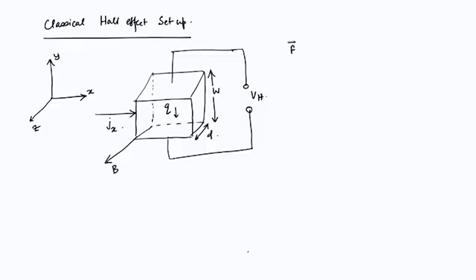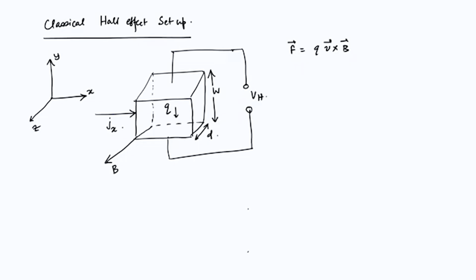The force is given by Q V cross B. Now, if they are moving along the x direction and B is in the z direction, they are of course going to get deflected in the y direction, which is the vertical direction here.